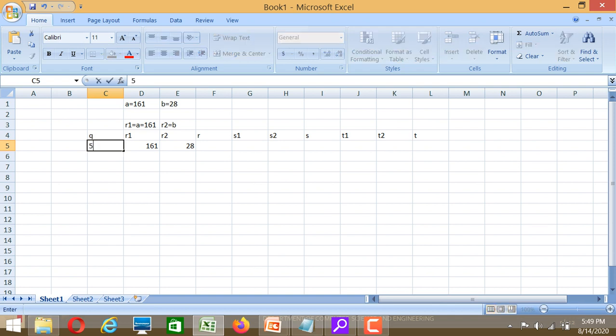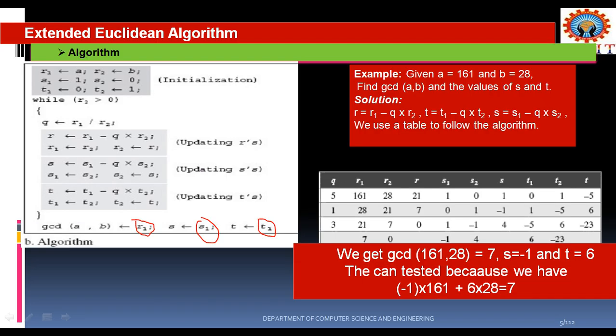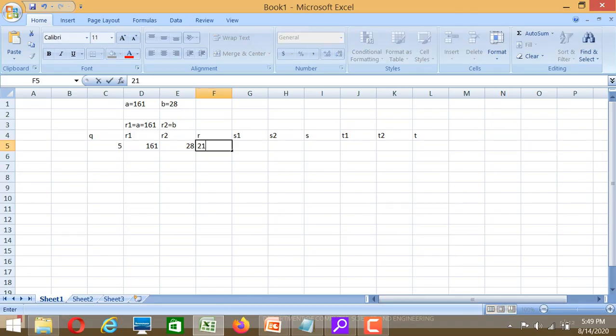So 5 into 28 is equal to 140. 161 minus 140, the remainder is 21.